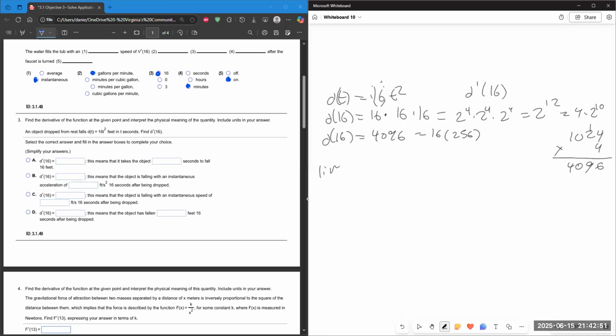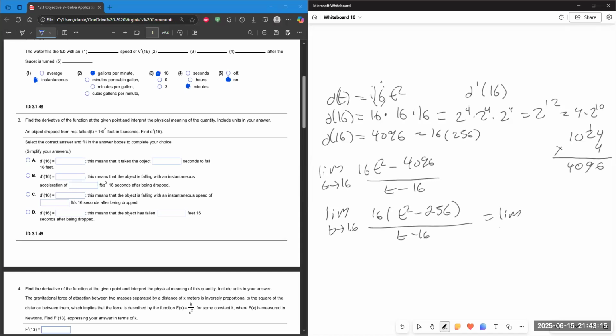So the limit as t goes to 16 of 16t squared minus 4096 over t minus 16 will be the limit as t goes to 16 of 16 times t squared minus 256 over t minus 16, which is the limit of 16 times t plus 16 times t minus 16. 256 is a perfect square of 16 times 16. There's our t minus 16 that cancels top and bottom.